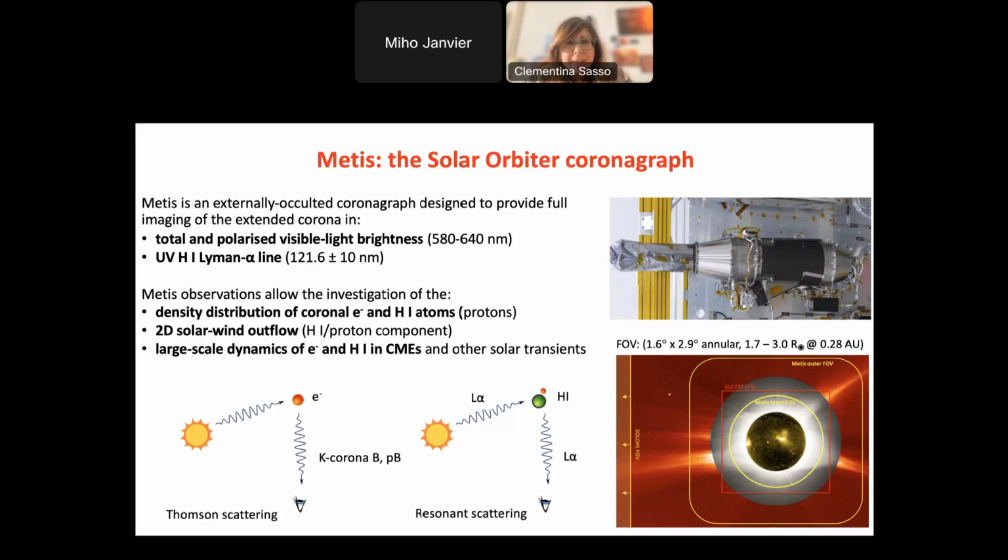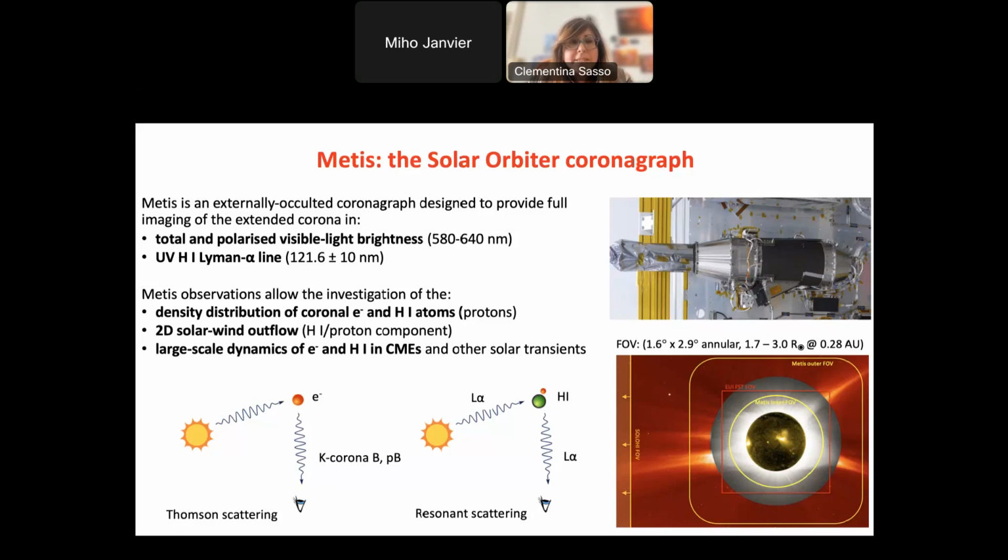And it is designed with 2 channels, so observations are possible in the polarized visible light, in the range of 580 to 640 nanometers, and also in the UV. The line that we are observing is the hydrogen Lyman alpha line.